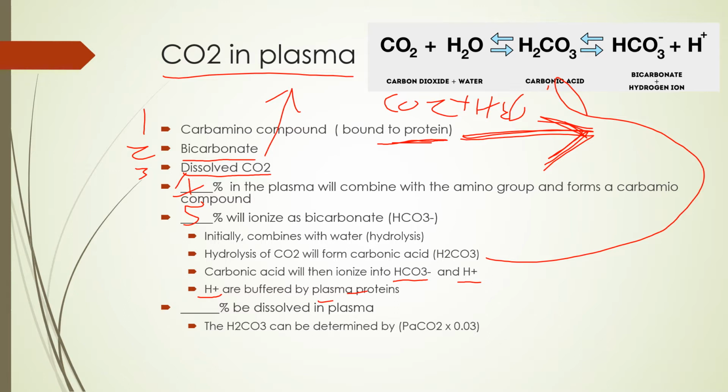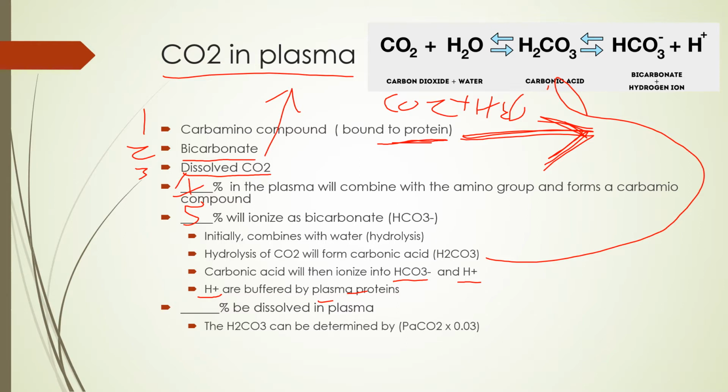So this is one way. Another way CO2 will get transferred to the lungs. Now 5%, that's not bad, right? That's a pretty decent amount compared to the 1% that the carbamino compound is. But it's a different way that CO2 is taken to the lungs in the plasma.